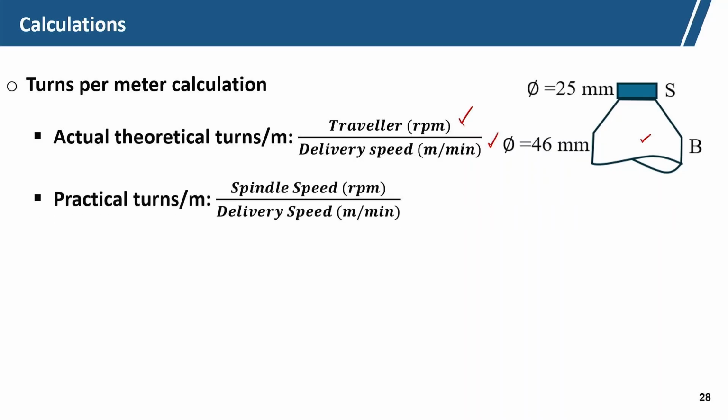We will not be able to get this turns per meter, because after unwinding we use this material. So, the practical turns per meter we use in the industry, everywhere, is spindle speed by delivery speed, but actual turns per meter is traveler RPM by delivery speed.